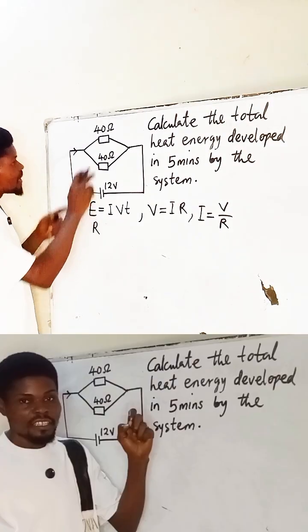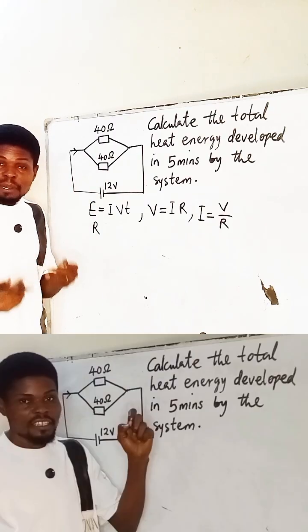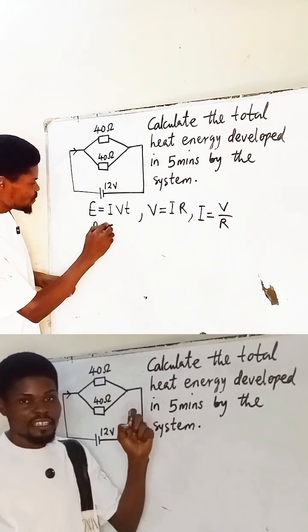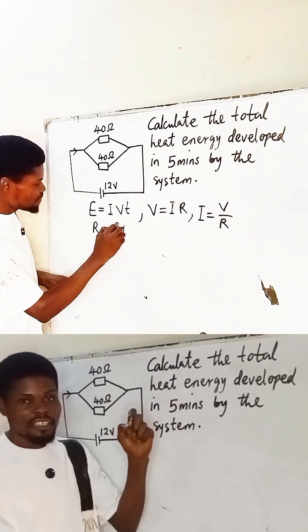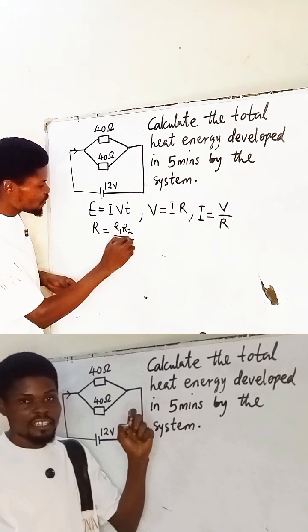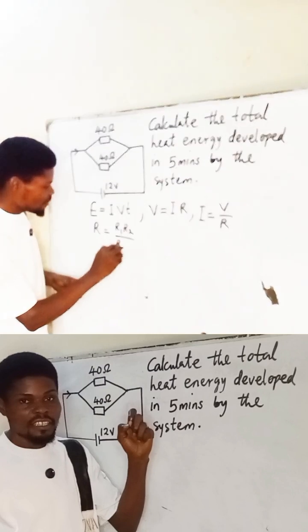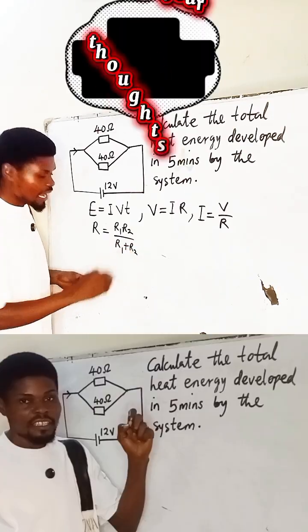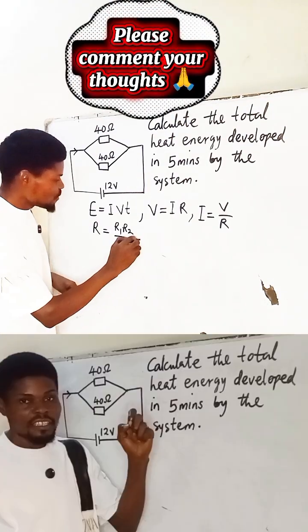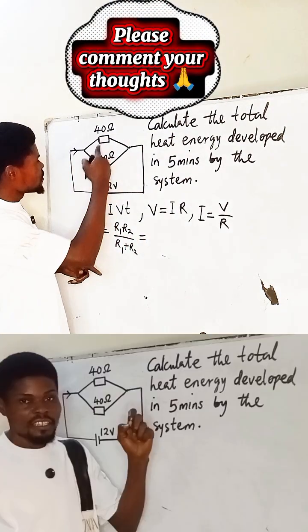Since they are connected in parallel, you make use of the parallel formula, which is equal to the product R1 R2 all over the sum, that is R1 plus R2. I taught you this in our previous video. So R1 in this case is 40, R2 is 40.